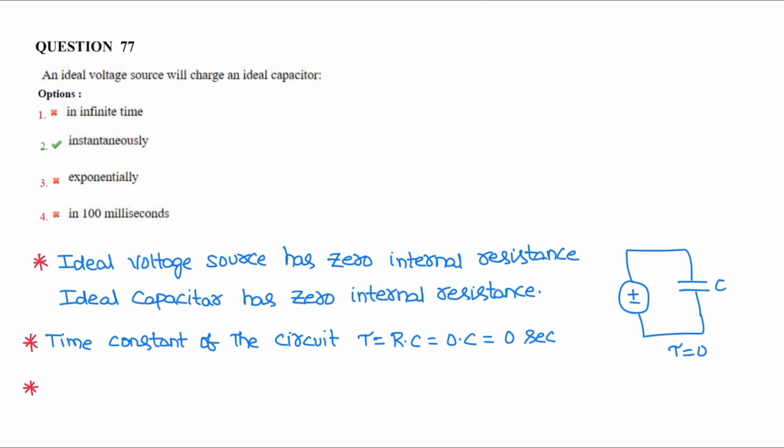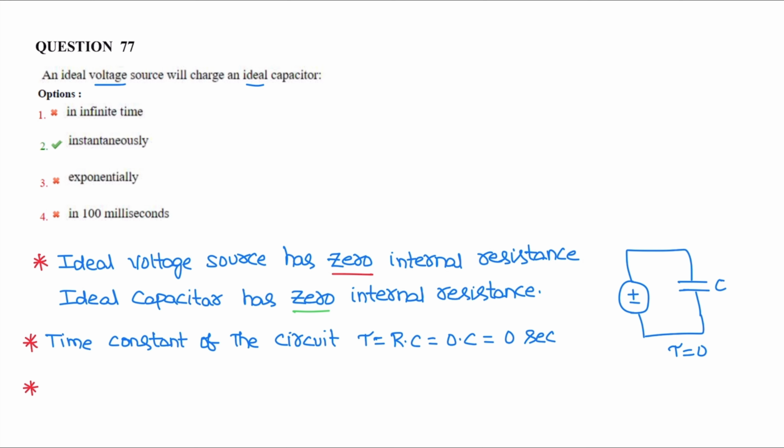Question number 77. An ideal voltage source will charge an ideal capacitor. For an ideal voltage source, it has 0 internal resistance. Similarly, an ideal capacitor has 0 internal resistance. If these two are connected in a circuit, we know that the time constant of the circuit is RC. But here the value of resistance is 0, so the time constant is 0.